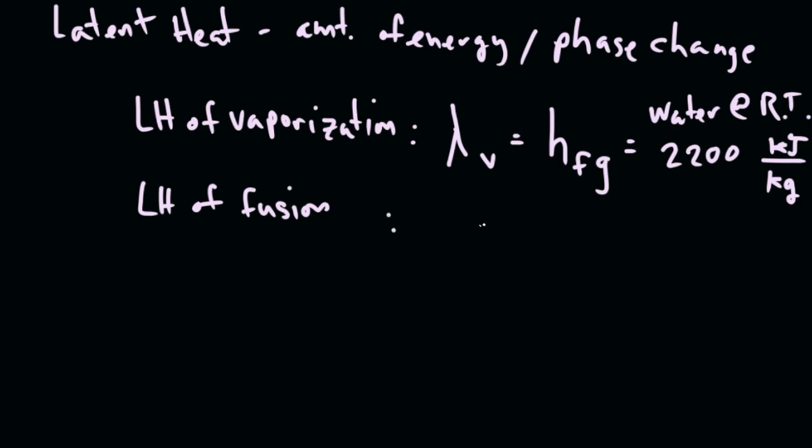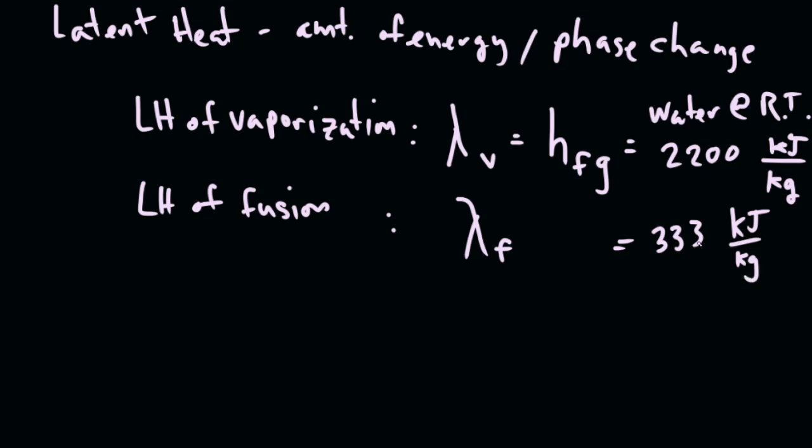And for latent heat of fusion, I'm going to skip the symbol there because we don't really use it in this class. But this is about 330 kilojoules per kilogram.